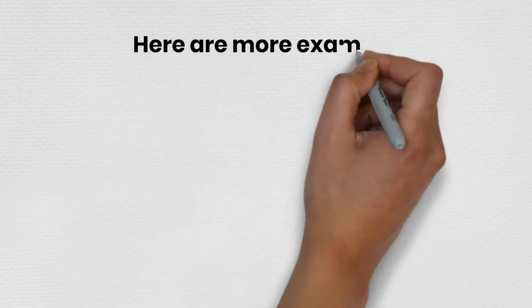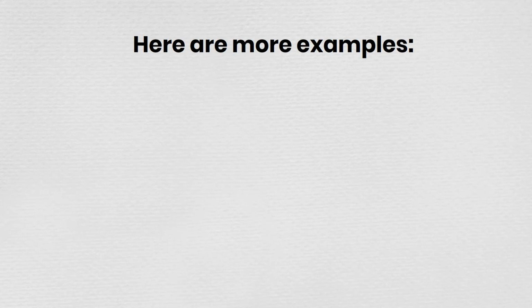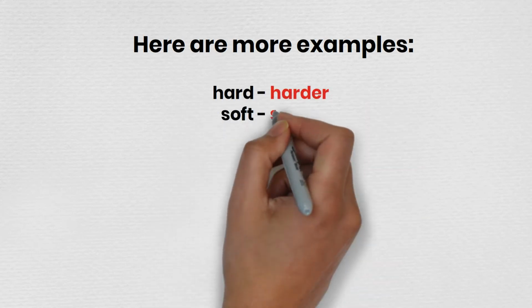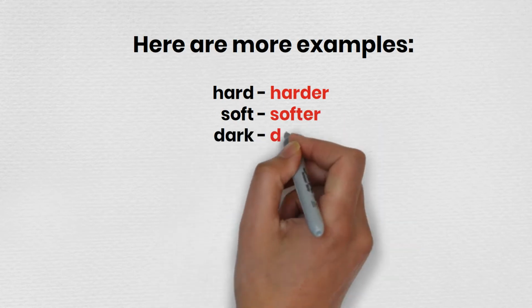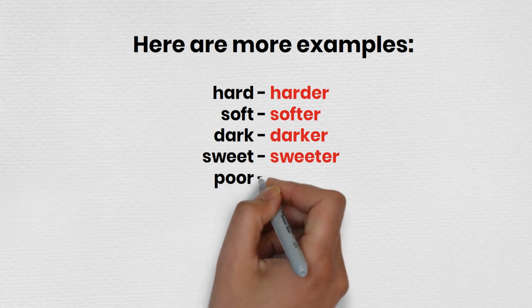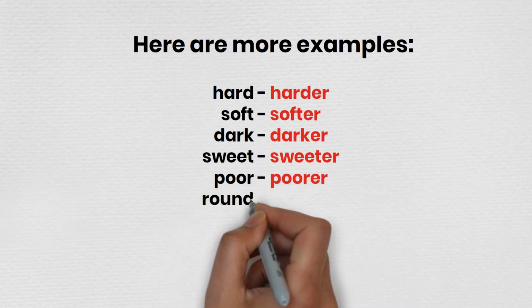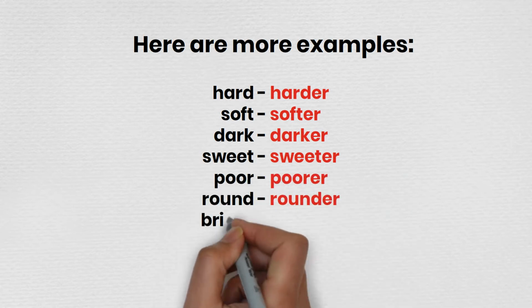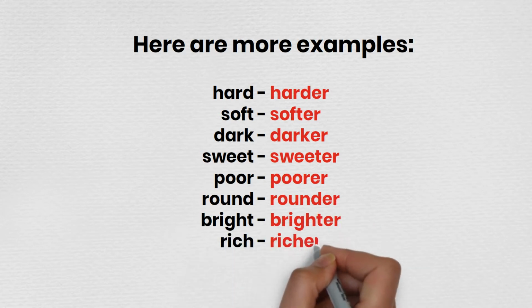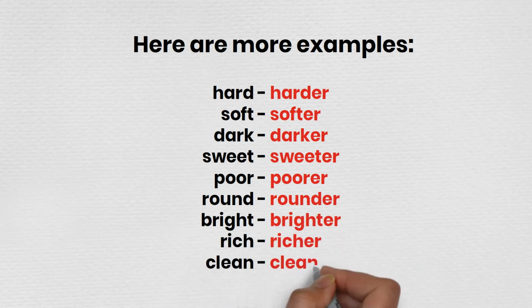Here are more examples: harder, softer, darker, sweeter, poorer, rounder, brighter, richer, cleaner.